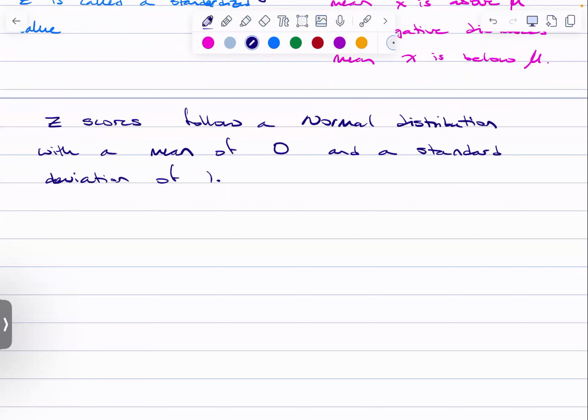In shorthand, we can write this: Z follows a normal distribution with a mean of 0 and a standard deviation of 1.